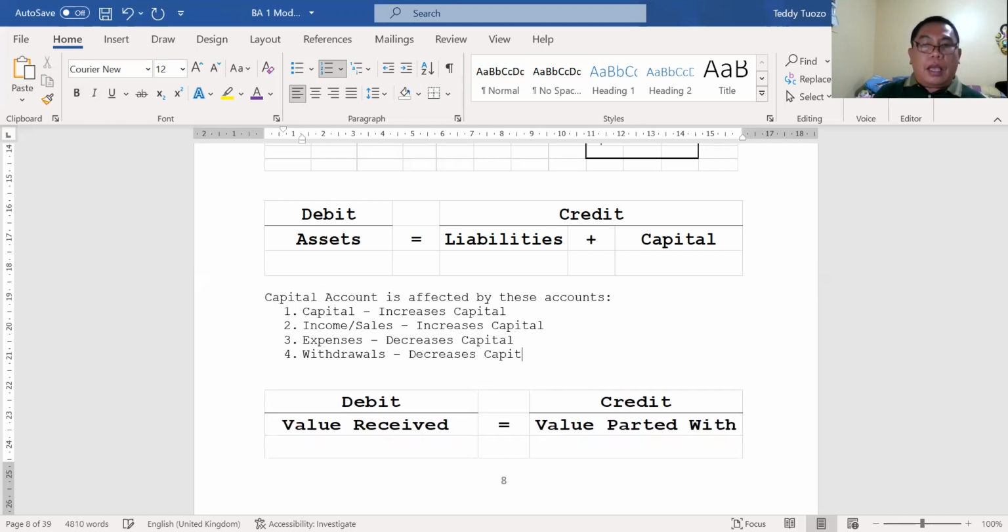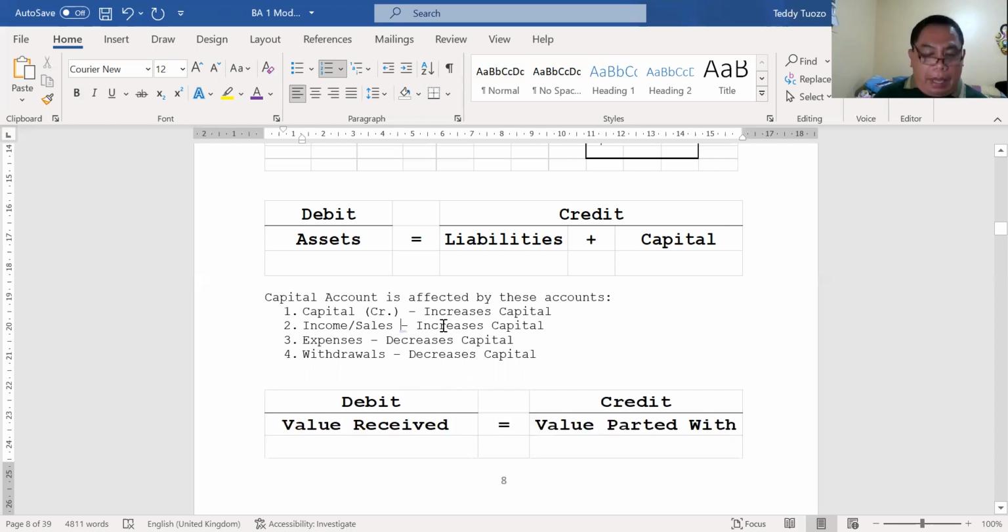So in the accounting equation, I said that the capital account has a normal balance of credit. So take note that if an account increases capital, the normal balance of that account is credit.